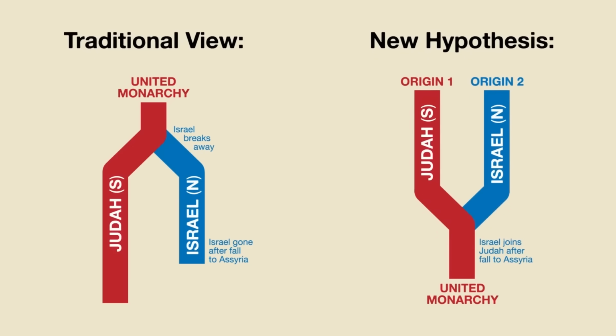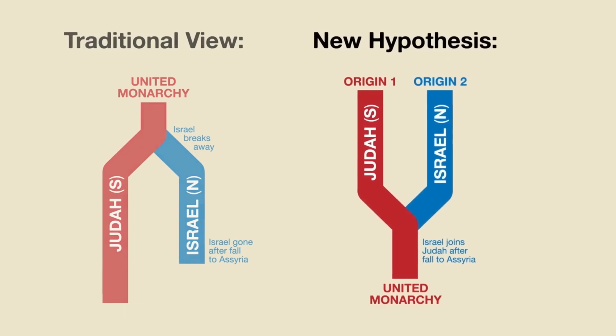The Israelites were originally two separate nations, and then only later, after Assyria destroyed the north, did they become a truly unified people. Remember, after the north fell, many refugees from the Kingdom of Israel headed south and joined the Kingdom of Judah. So the unification happened not during the days of David and Solomon, but during the days of Hezekiah and Josiah, and then again after the Babylonian exile.